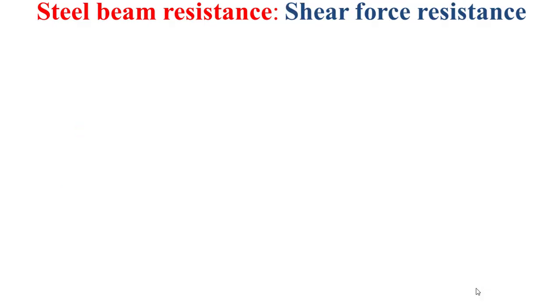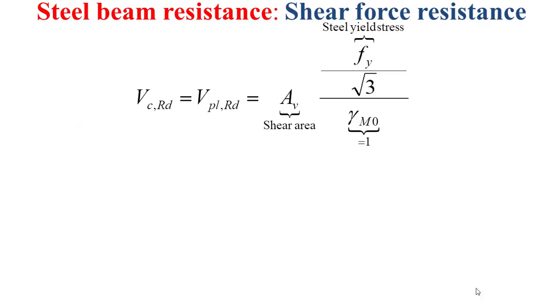Now, the cross-sectional shear force resistance VCRD is equal to VPLRD, as depicted by the formula that you see now in this slide. PL refers to plastic, in association with the plastic behavior of the considered steel beam, and RD refers to resistance design.